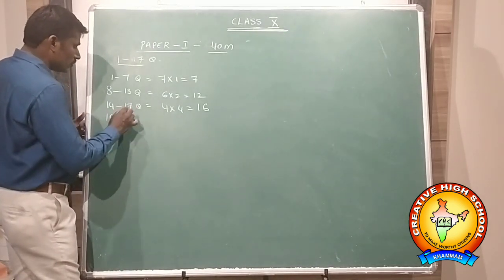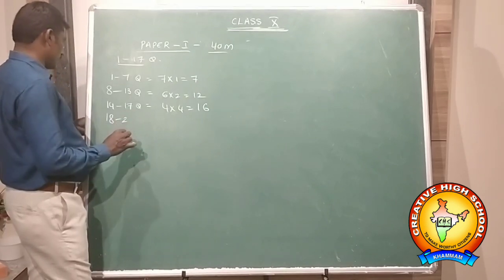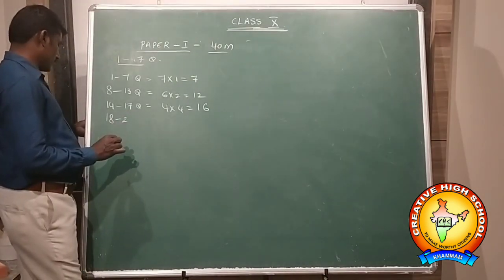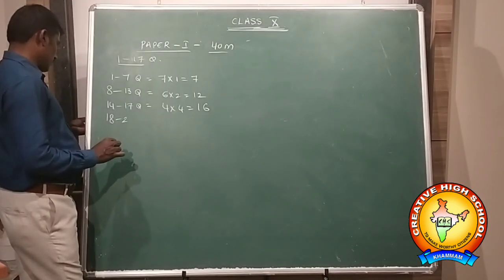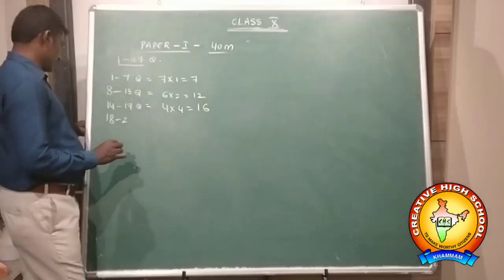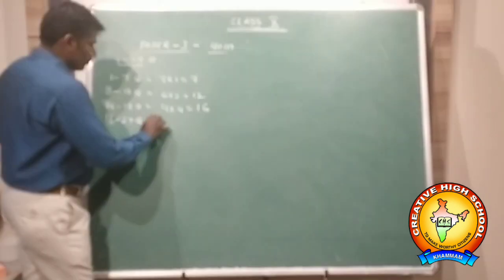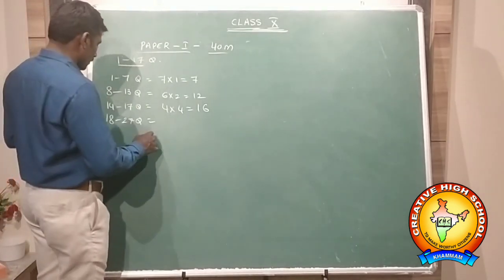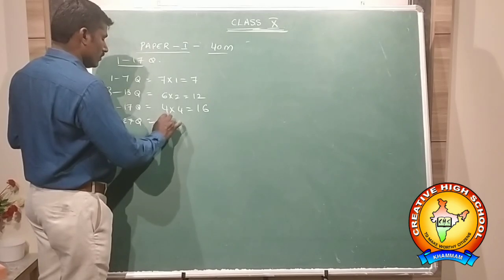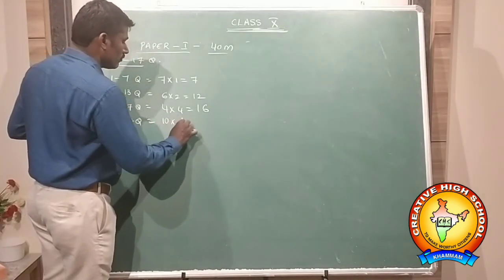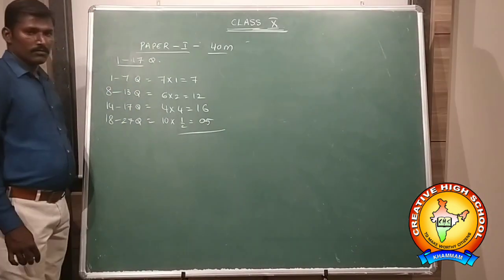And 18 to 27 are the big paper, 10 questions, with half marks, 5 marks for the big paper.